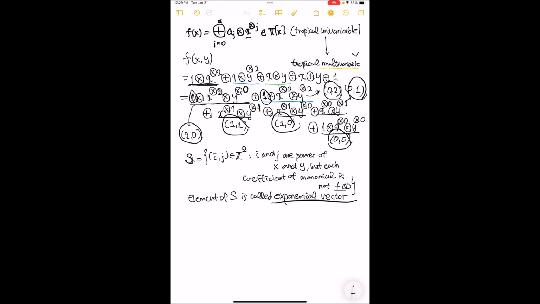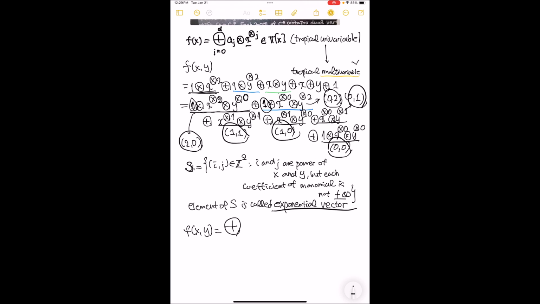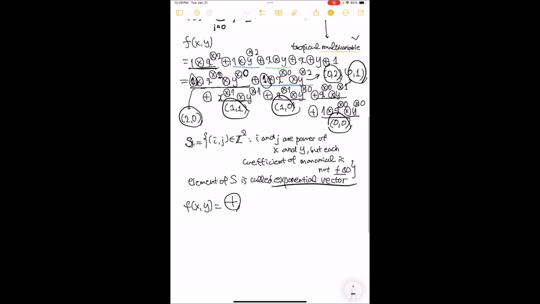Based on this information, if we generalize to tropical two variable, in case of monomial the index is from 0 to d, but for two variable the element is changed: it is defined as a vector, a collection of exponential vectors, and the coefficient is defined as Cij.